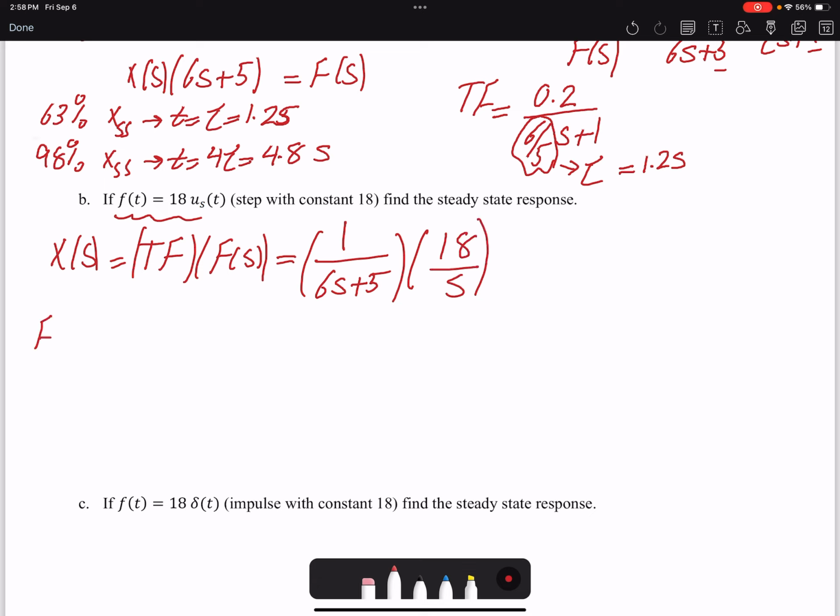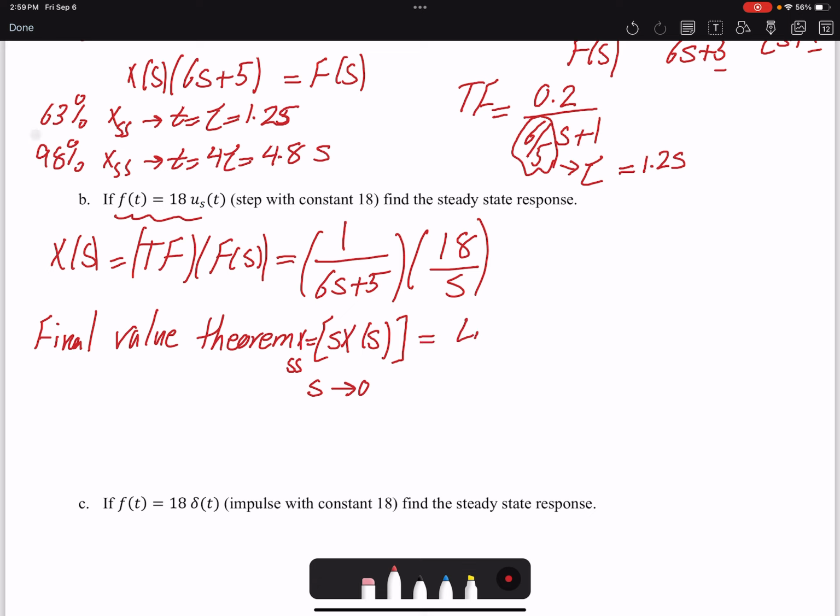If I use the final value theorem, instead of transferring it into the time domain, I can work with the Laplace domain. It just needs to be s equals 0. That's if I want to find X steady state.